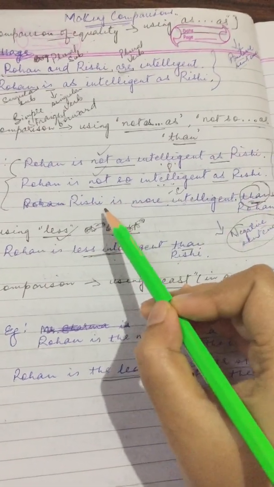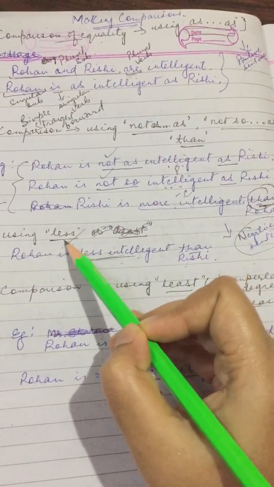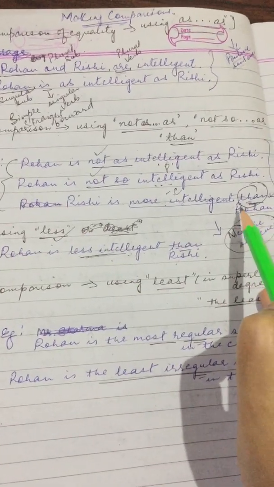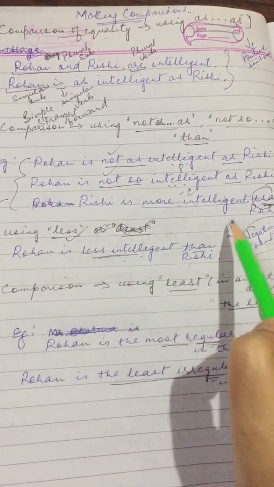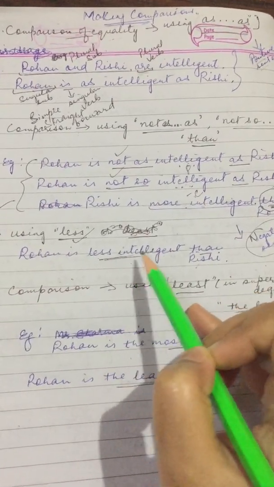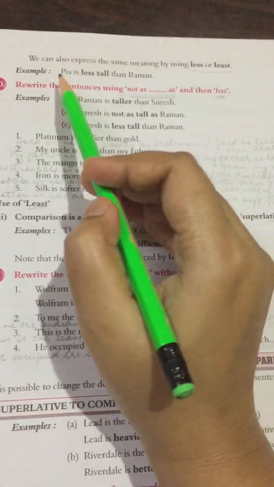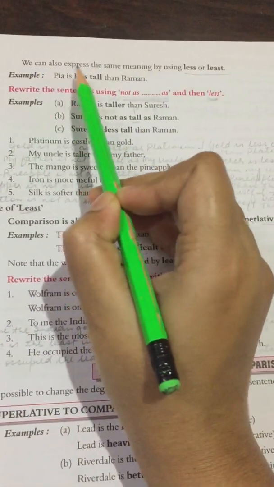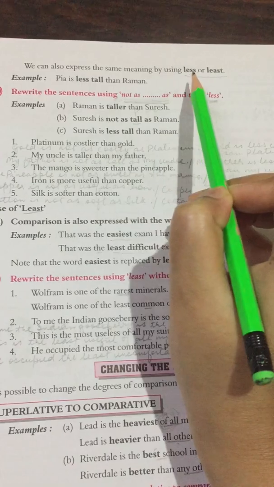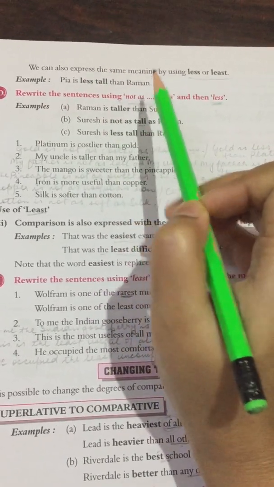First Rishi was there: Rishi is more intelligent than Rohan. But when we use less to show the comparison, we make Rohan the subject of the sentence. Rohan is less intelligent than Rishi. Example: Pia is less tall than Raman.